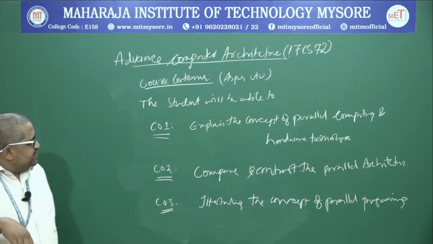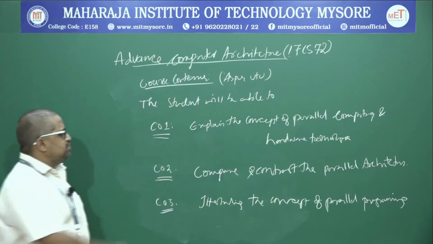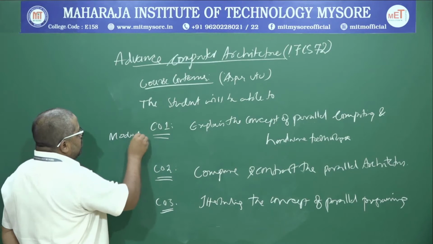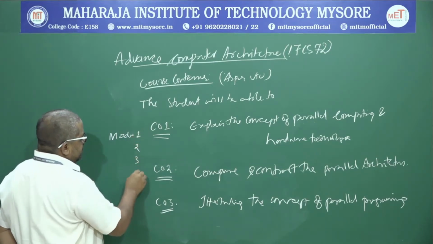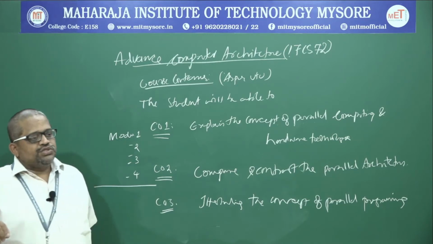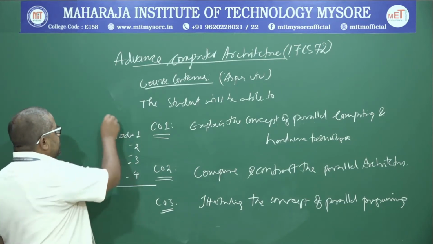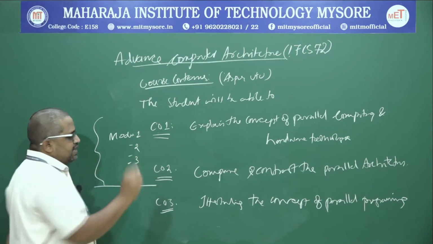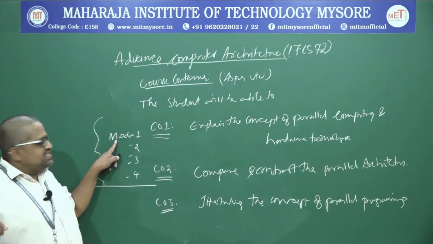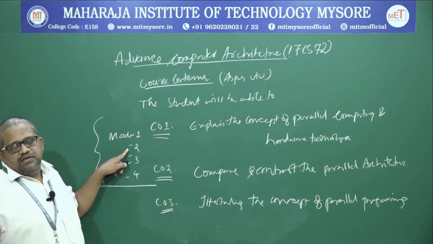Now, coming to the CO1 and 2, CO1 and 2 is going to be covered from module 1, 2, 3 and 4. So, as per your syllabus, module 1, 2, 3 and 4 is used for realizing CO1 and CO2, because in the module 1 you are going to study the introduction, then you are going to look into the memory concepts.